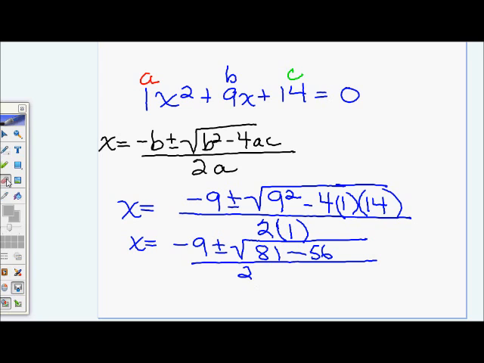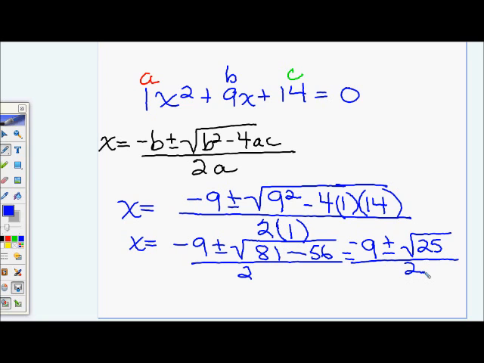I'm running out of room. This would turn out being negative 9, plus or minus, and then when you do 81 minus 56, you're going to get the square root of 25, and that is all over 2.